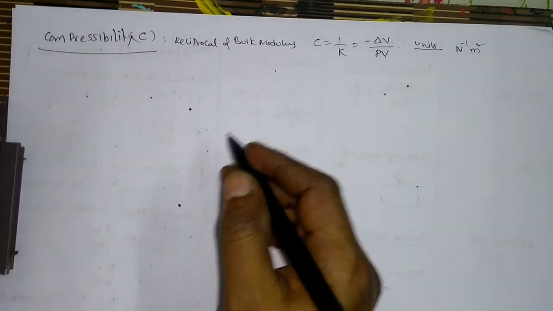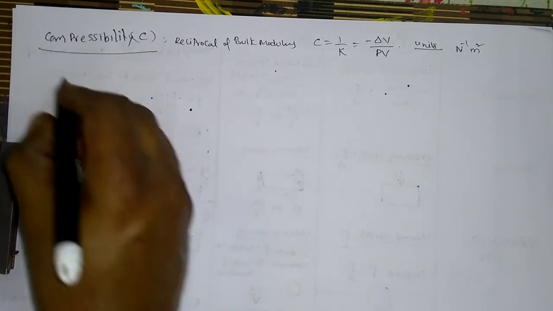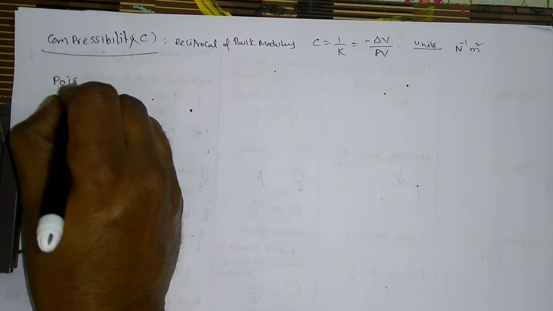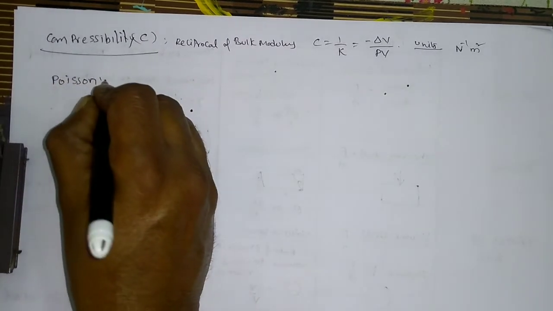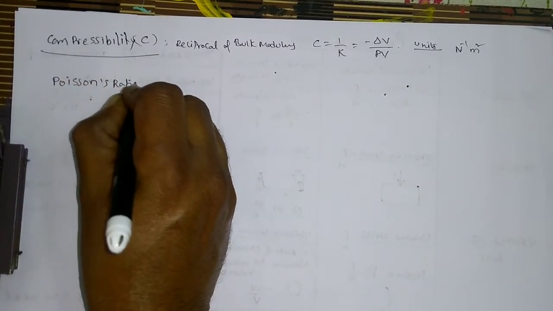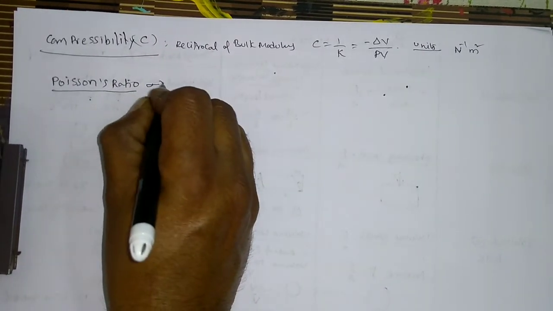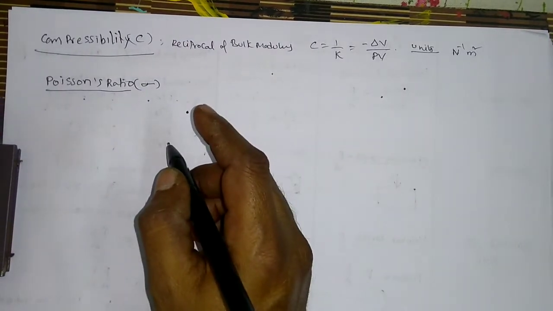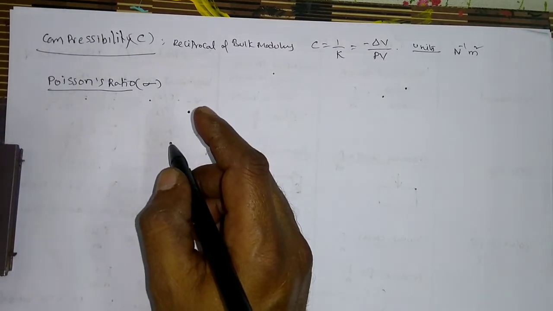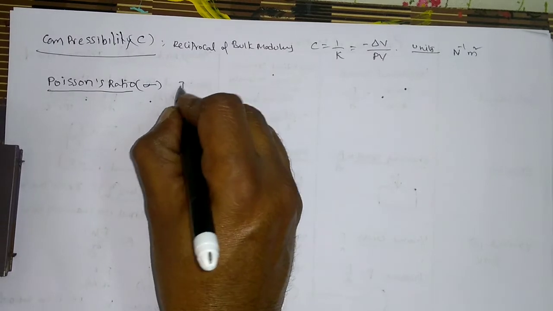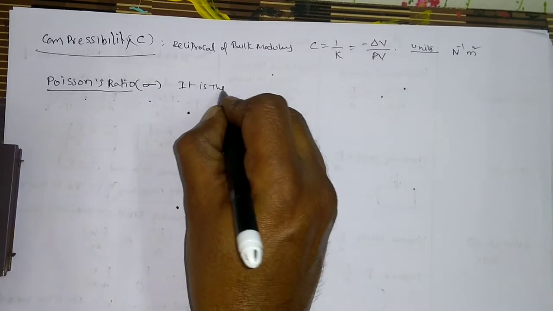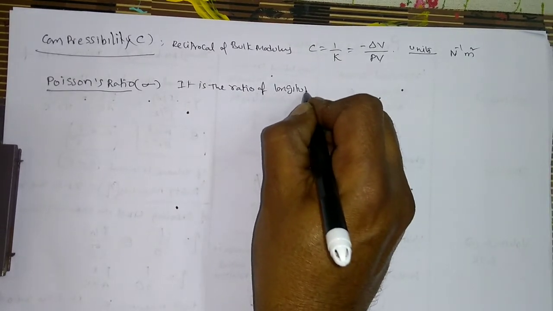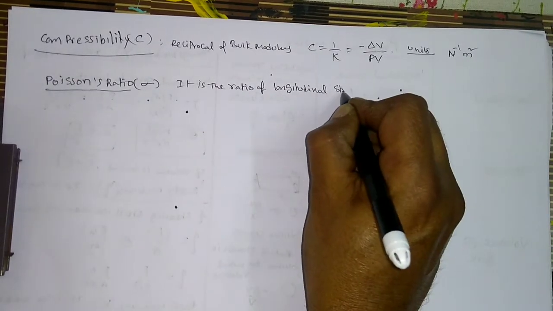And then another thing is Poisson's ratio. It is also a small definition. Poisson's ratio is represented by the symbol sigma in general. The definition is the ratio of lateral strain to the longitudinal strain. Both are strain only.